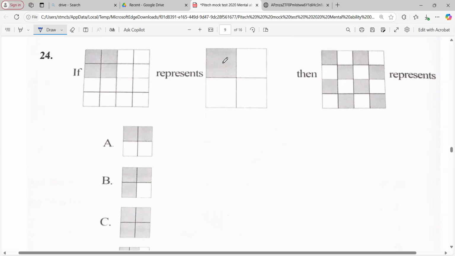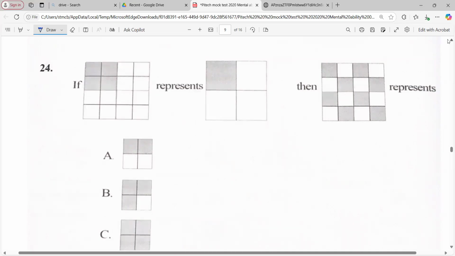So let us see how many we have now: 1, 2, 3, 4, 5, 6, 7, 8, 9, 10, 11, 12, 13, 14, 15, 16. So we have a total of 16. That is the denominator. You can just look and see what's happening first. Nothing wrong with trying. Always be willing to do trial and error, guys, and then you figure it out.